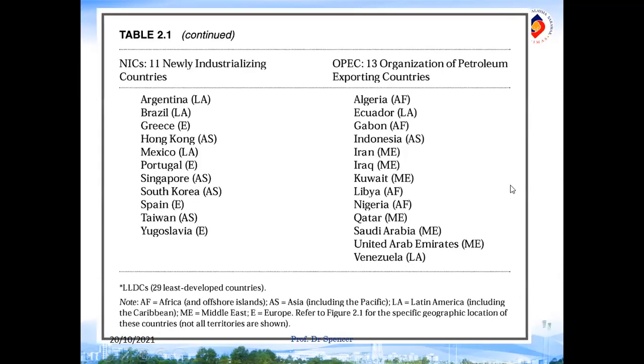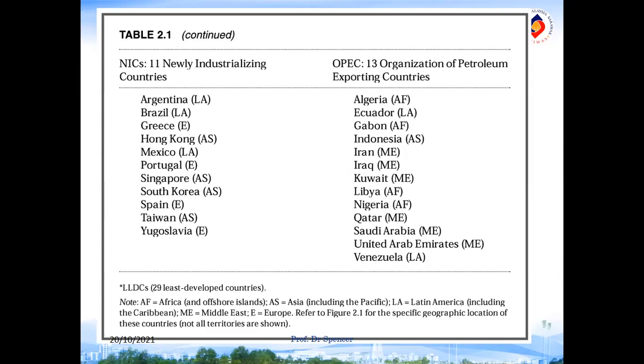And then there is a term called newly industrializing countries, based on the rate of industrialization in the countries. These countries include Singapore, Korea, Spain, Taiwan, and so on, which is known as newly industrializing. But I think we can call them industrialized countries.